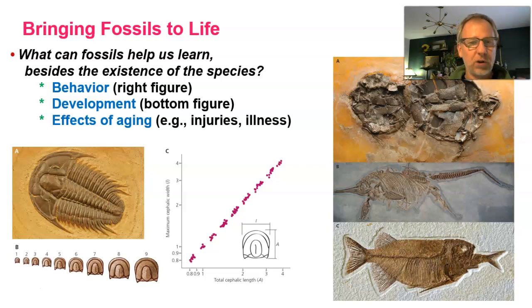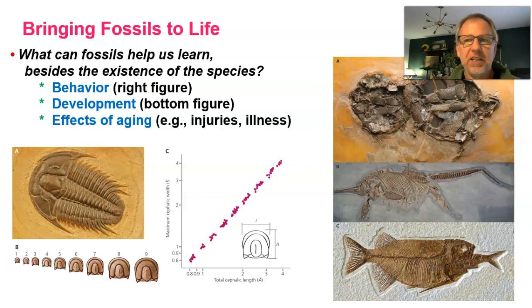There's a graph on the bottom showing how we can plot the total cephalic or head length against the maximum cephalic width. By doing that plot, we can see the rate at which these animals grew and developed. So we can get a sense of their development.